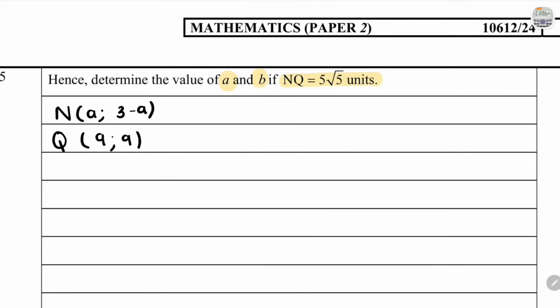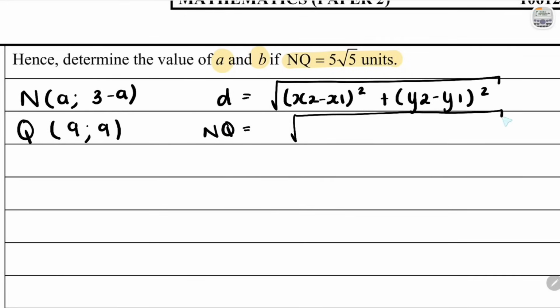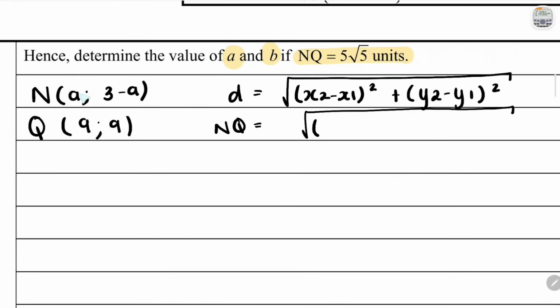They gave us the length of NQ, so we're going to use the distance formula. NQ is equal to the square root of x2 minus x1, but let's try to keep the a's first, so top minus bottom. That's (a minus 9) all squared plus (3 minus a minus 9) all squared.